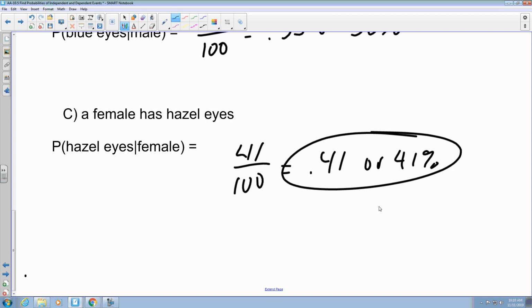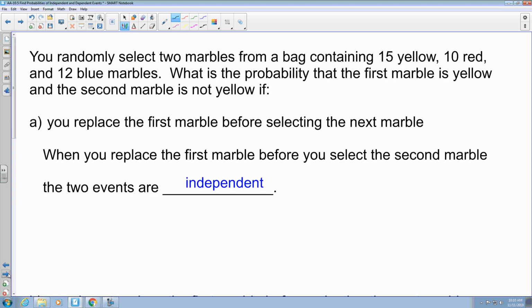Okay. All right. So looking at these problems here, one problem is going to be dealing with an independent event. The next one's going to be with a dependent event. It says that you randomly select two marbles from a bag containing 15 yellow, 10 red, and 12 blue marbles.